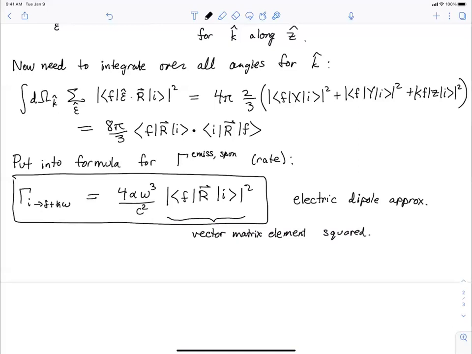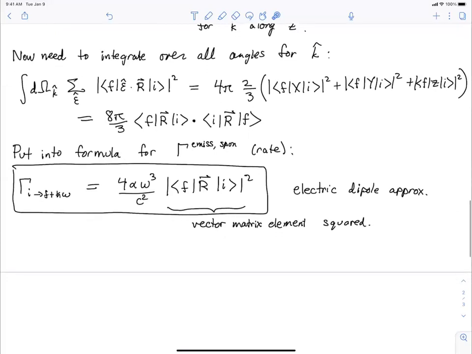The good news is that in many, many situations, some of those 3 will vanish. And so to save yourself heartache, you want to decide ahead of time which ones are going to vanish and not spend a lot of time trying to calculate them when in the end you're going to decide that they vanish anyway.